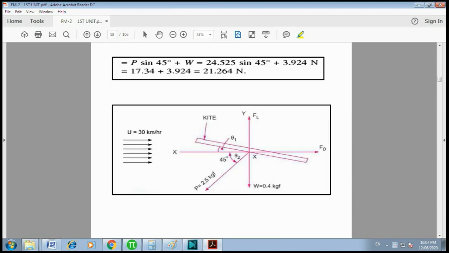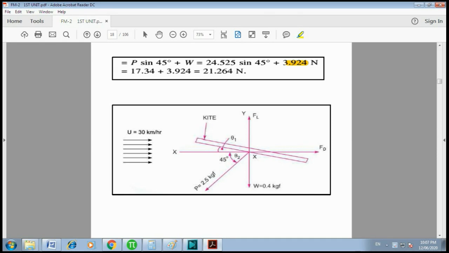So P sin 45 plus W, it has no angle, so that's why it's plus W. So 24.525 sin 45 plus 3.924, which is already given. Then lift force is 21.264 newton.